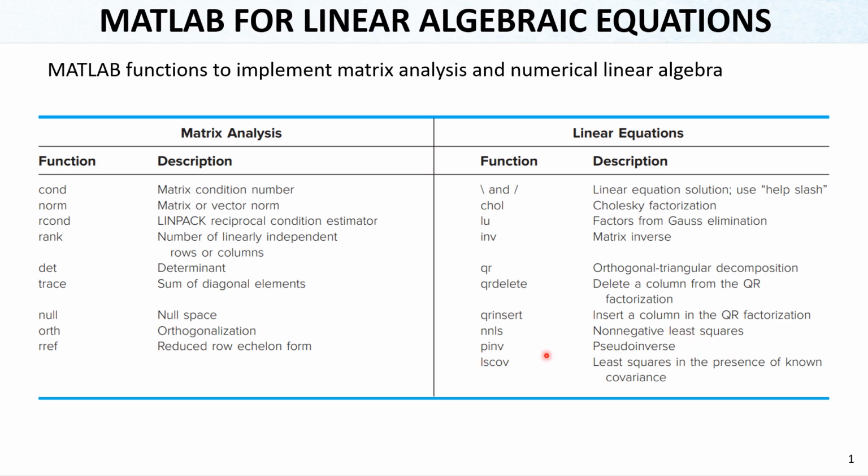Pseudo inverse is pinv, and lscov is least squares in the presence of known covariance. So these are basically not related to this chapter, but to the following chapters. But these are necessary for the linear algebraic equations in this chapter that we learned in this and the previous chapter as well.